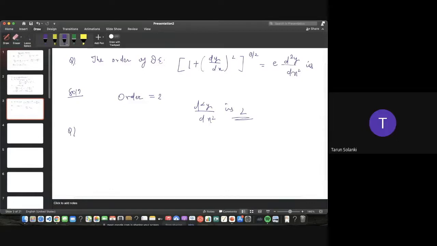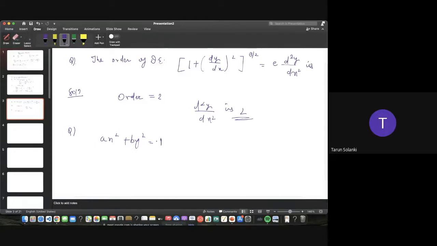Next question: the order of the differential equation of all conics whose axes coincide with the coordinate axes is. The general equation of all conics whose axes coincide with the coordinate axes is ax square plus by square is equal to 1.